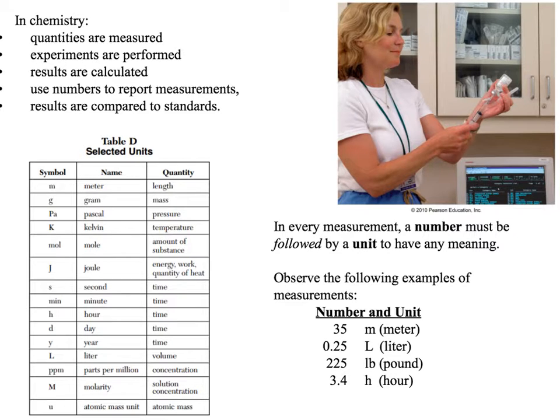In all science, all measurements must include a number or quantity and a unit that describes what that number is. Here you can see a few numbers and units that accompany measurements. Now, some of the units you might be familiar with, but all of the units that we'll use in this class will be found on reference table D.